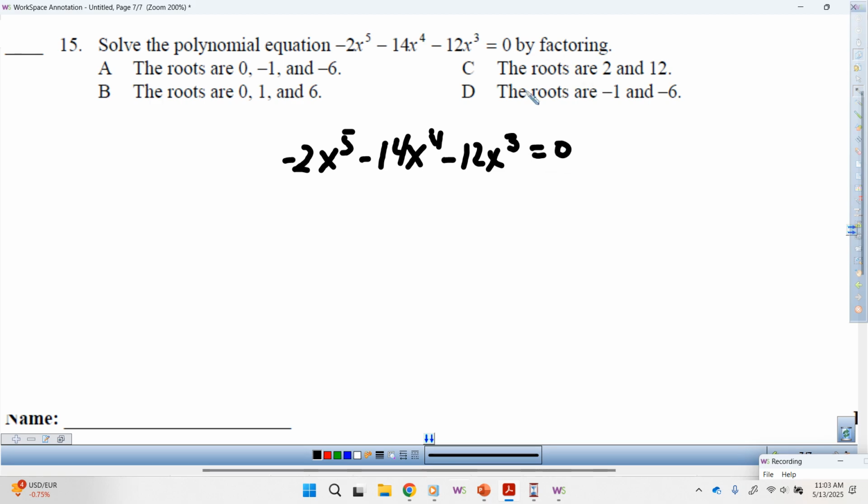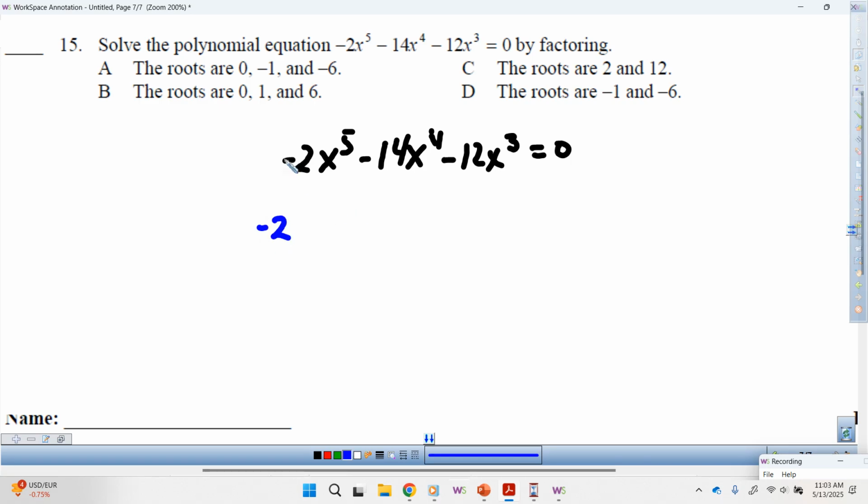So the key word here is factoring. So let's start by checking for GCF. Is there a number that divides all three terms, everyone? Which one, Caesar? Negative 2.